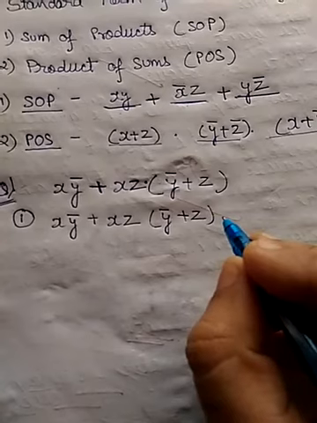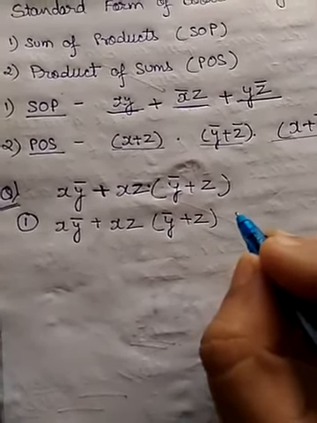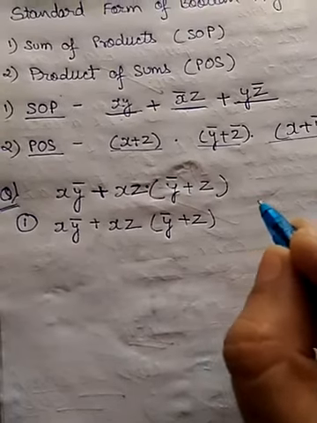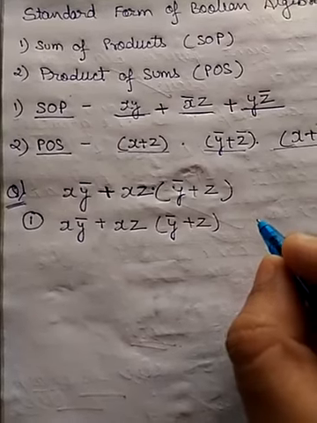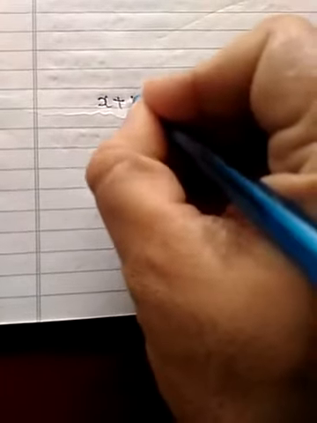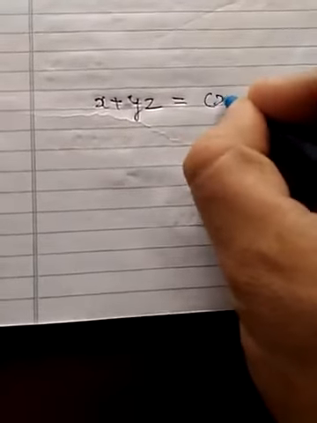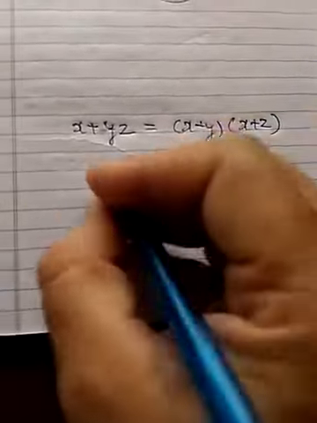There are two distributive laws. You need to remember the distributive laws, because they are very important. They are used to convert any function into sum of product or product of sum. For reference I am writing the first distributive law, x plus yz is equal to (x plus y)(x plus z).